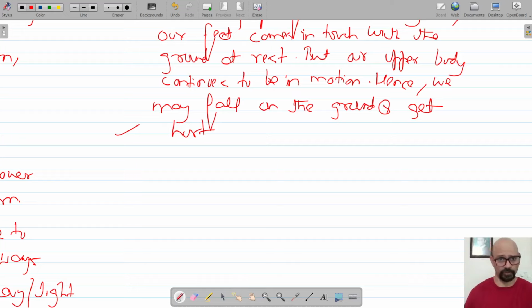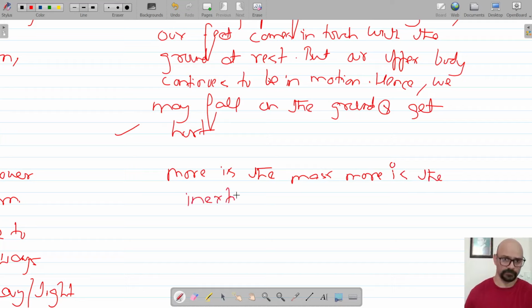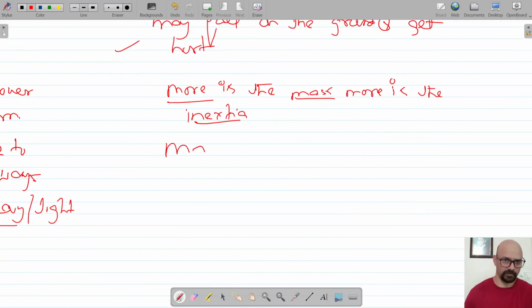So heavy objects have more inertia than lighter objects. We can say that the more the mass, the more the inertia. Or we can say that mass is the measure of inertia.